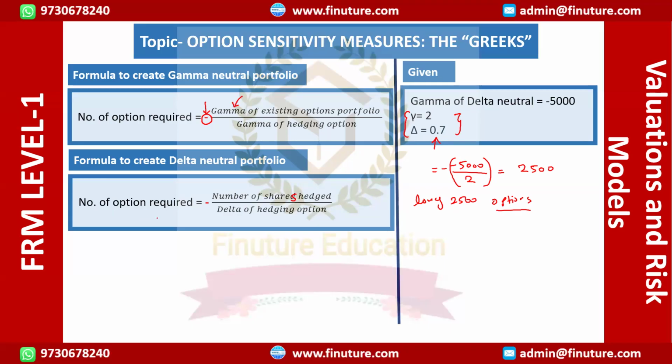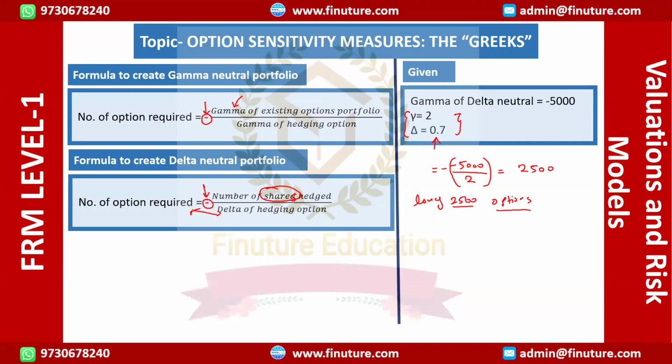So what you do is buy some number of shares. That number of shares would be equal to the number of options that you have, 2500, times the delta of the option, 0.7. And very important, please be very careful of the negative sign. In your book it will not be there, but trust me, just keep this negative sign here, depending on whether you are referring to the delta of a call or put, you have to buy or sell options or shares.